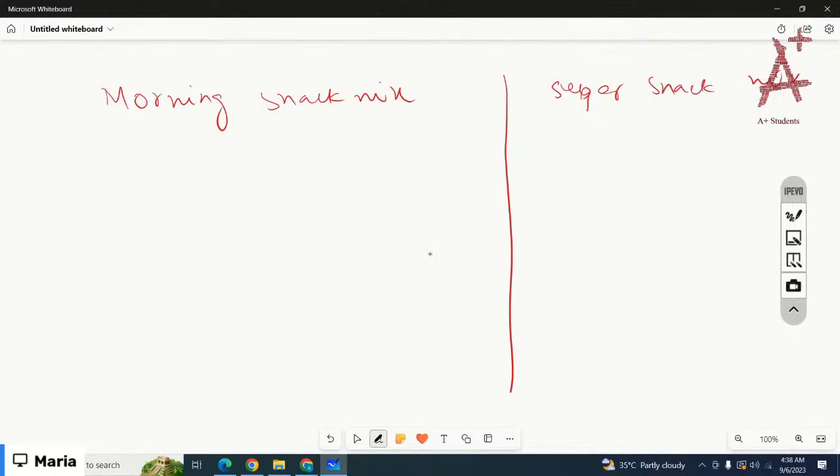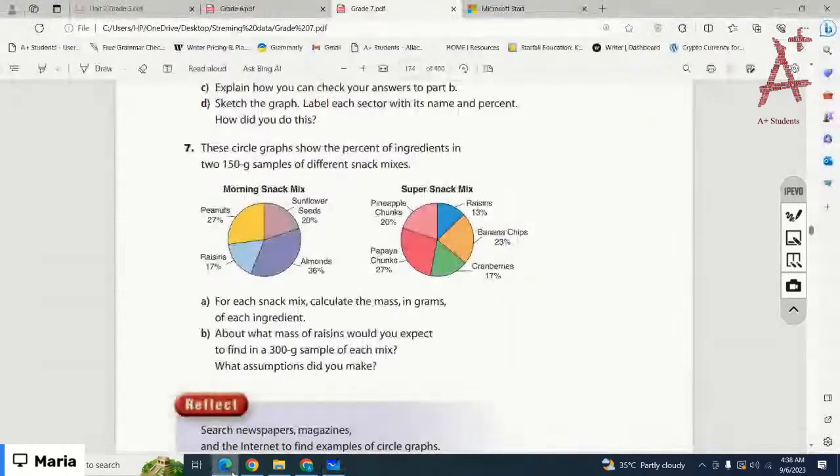We need to calculate the mass of each ingredient in 150 grams, right? The total value would be 150. Let's just calculate for the morning snack: 27, 17, 20, 36.